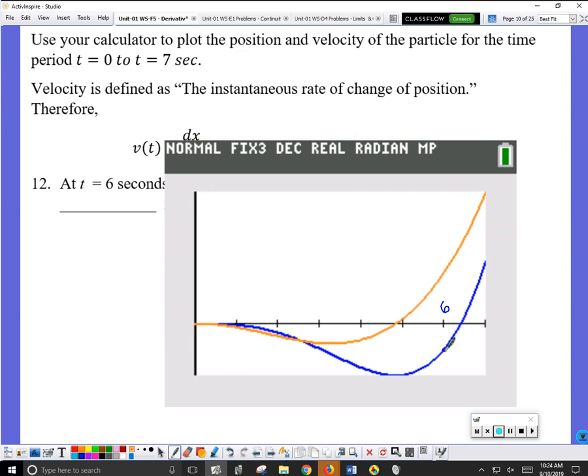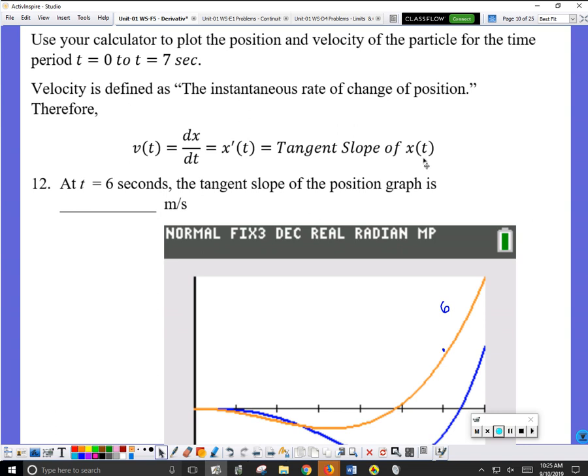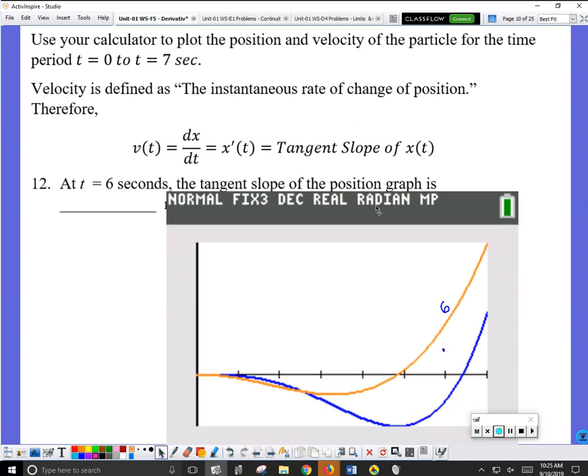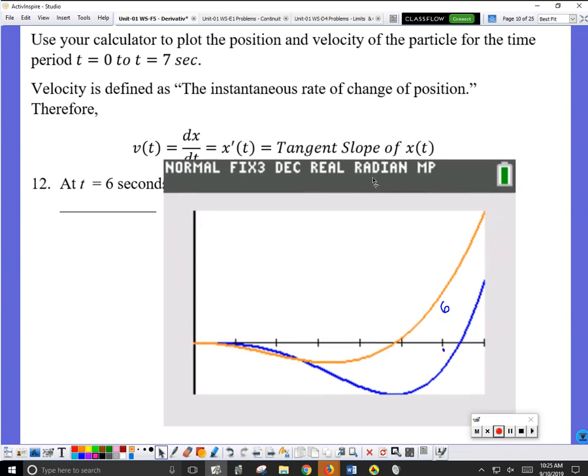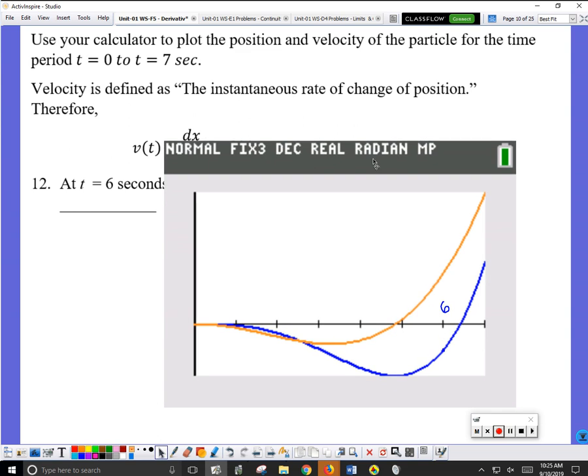Instantaneous rate of change is the tangent slope of the position. So right there, if we draw a tangent line it will look something like this.